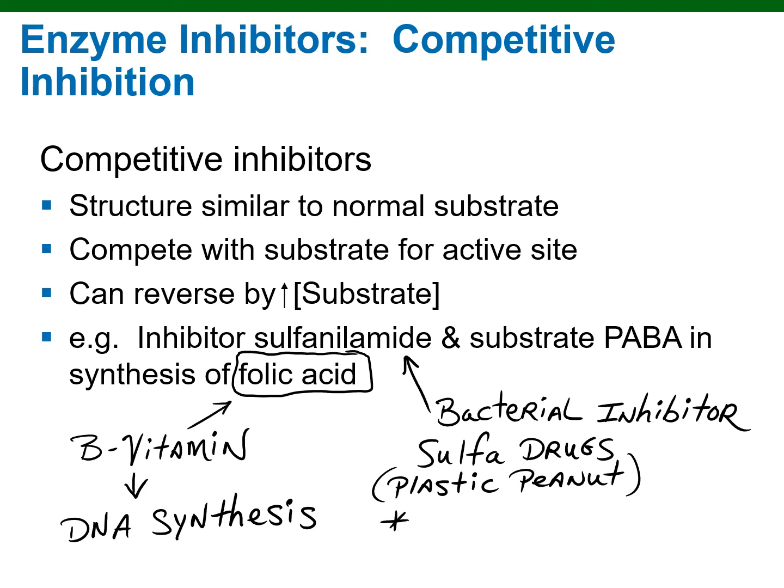But instead it picks up the sulfa drug, which doesn't function to give rise to the folic acid. And so every time the bacterium picks up the sulfa drug, this slows them down. Their enzymes that make folic acid are fooled into picking up the sulfa drug. And so this blocks folic acid synthesis.